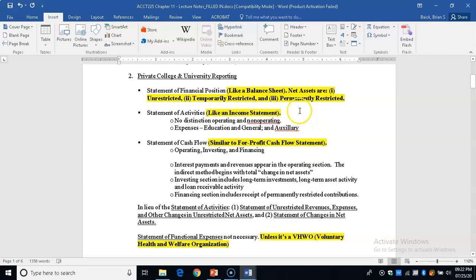Now remember that when you have a statement of financial position, your net assets are going to be in one of three categories: unrestricted, temporarily restricted, or permanently restricted. When you have a statement of activities, revenues can be either unrestricted, temporarily restricted, or permanently restricted.